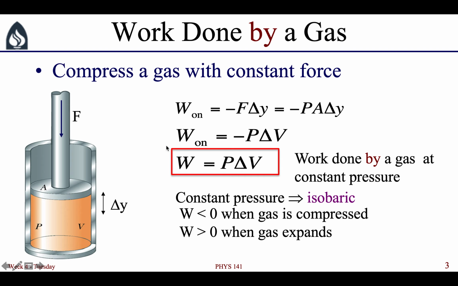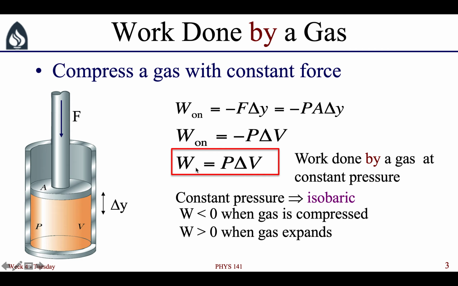Now we can look at things a different way. Instead of looking at the work done on the gas, we can look at the work being done by the gas. And the work done by the gas is always the negative of the work done on the gas. Now imagine that we had squished the piston down and we released it. Then the gas would push the piston back up. In that case, the volume change would be positive, and the work being done by the gas would also be positive.